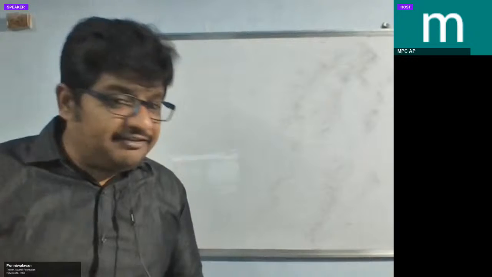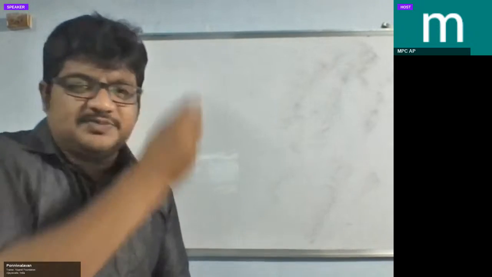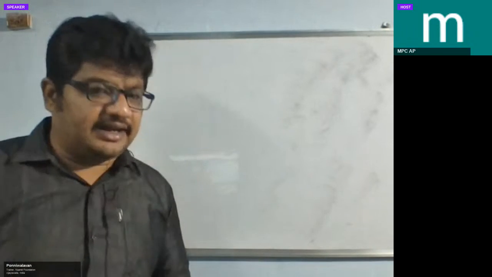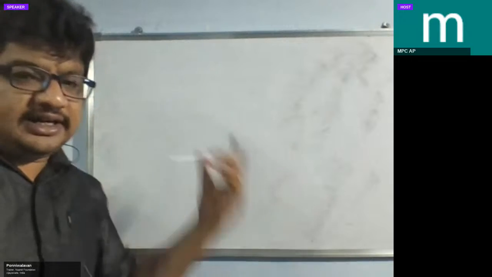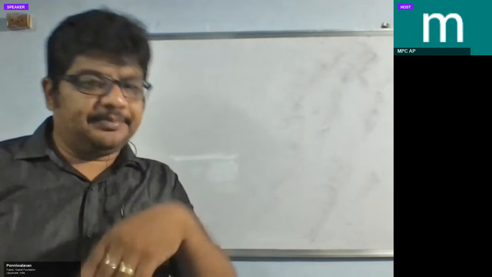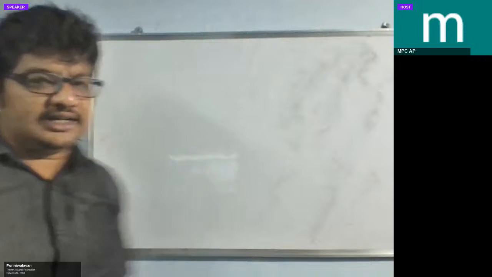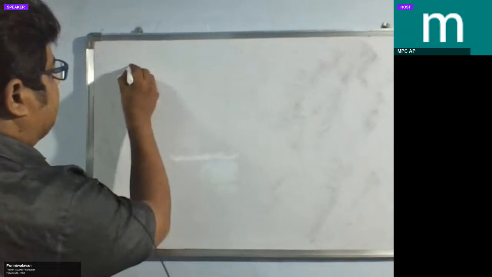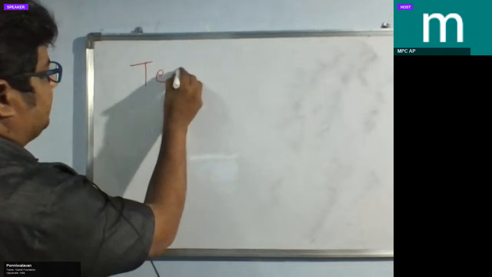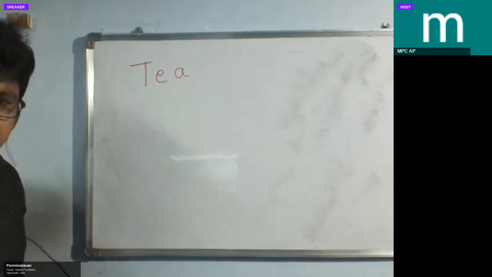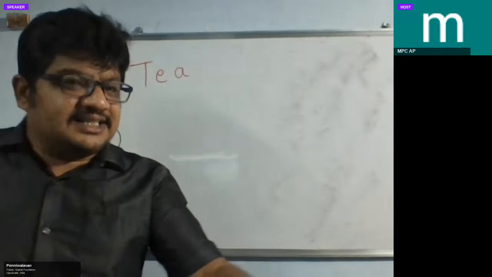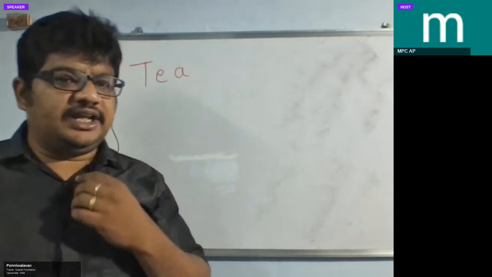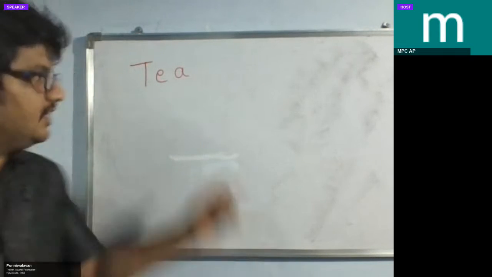What is that letter arrangement, sir? For every question example, I will explain it in a detailed manner, then we'll go with the shortcut. For example, take TEA. How many letters in TEA? 3 letters.